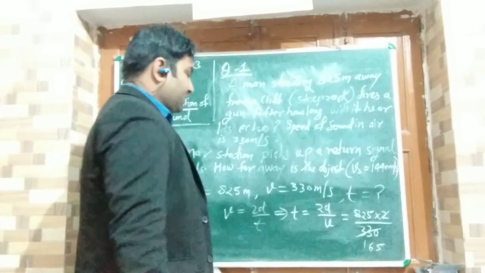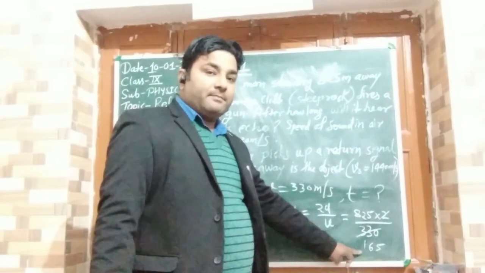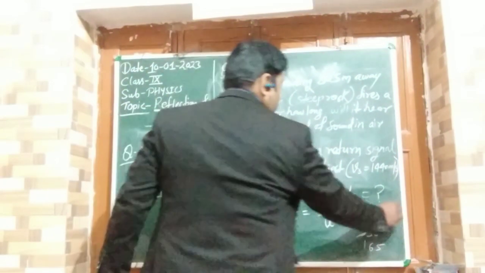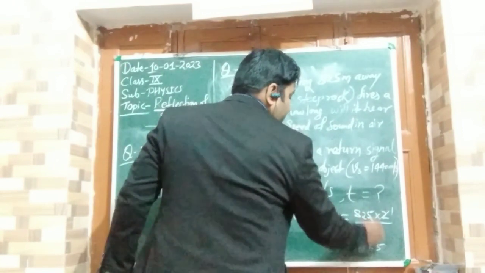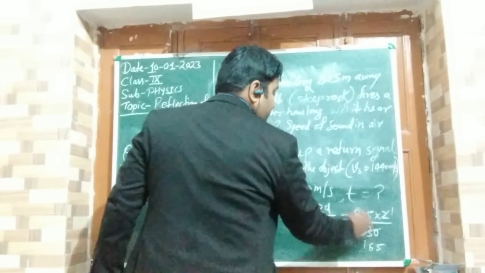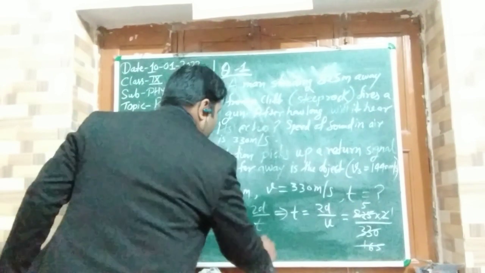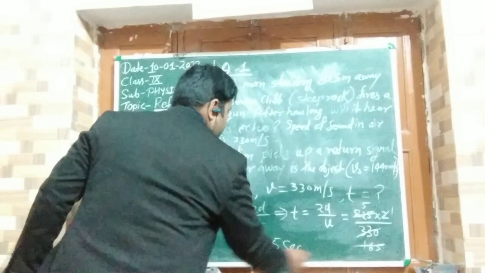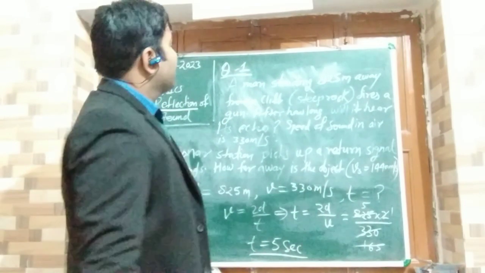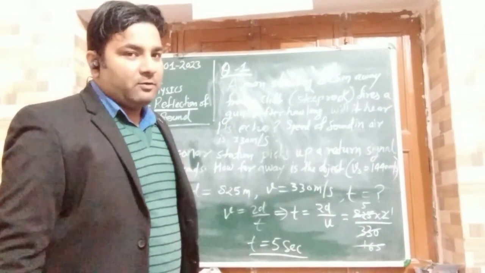Then 825 and here 165, and cancel out 5 5 25, 5 6 30, 3 balance 5 to 5, 3 8, means 5 times. So time is equal to 5 seconds. After 5 seconds, the man can hear the echo.